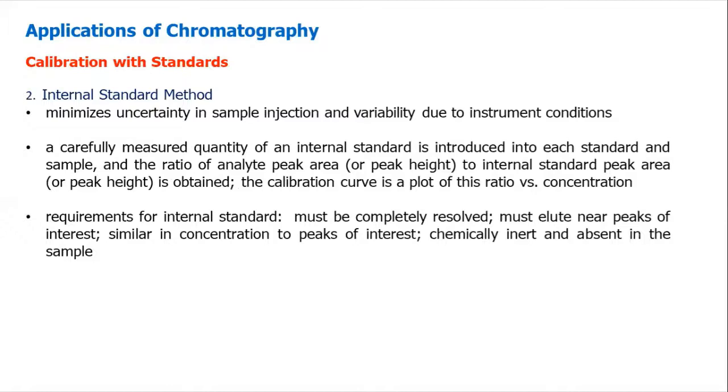The calibration curve is a plot of the ratio versus concentration. The requirements for internal standard: it must be completely resolved, must elute near peaks of interest and be similar in concentration to peaks of interest, and it should be chemically inert and absent in the sample. So that's the end for the introduction for chromatography.